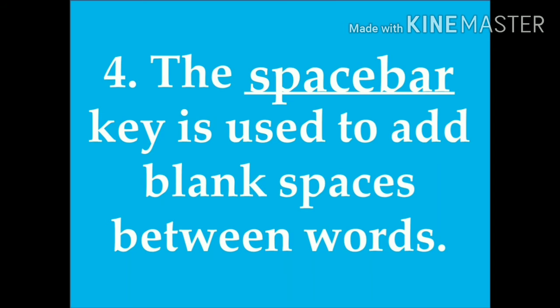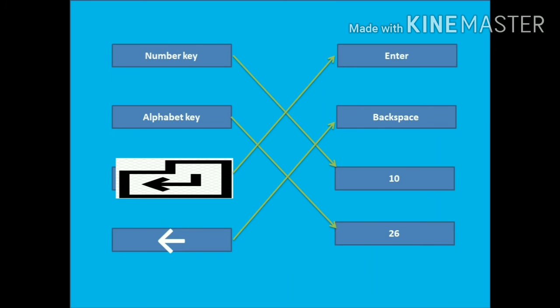Now we will do part B, that is match the following. Okay, we will do matching now. So children, just see here. Here the number key is matched with 10. Why?